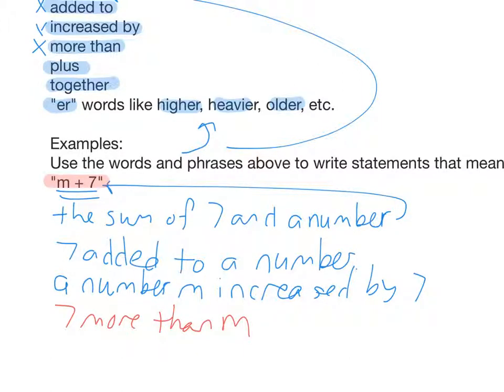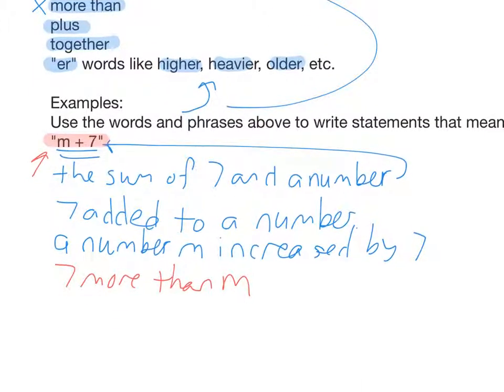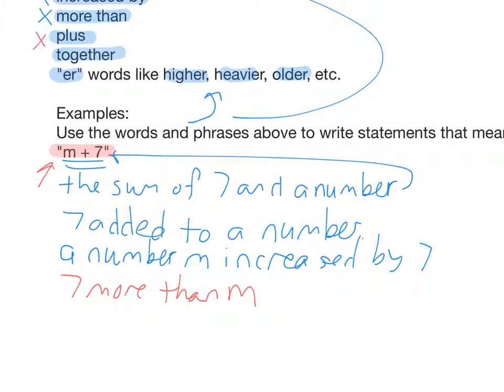To get 7 more than m, you'd start with m and then add 7. Like that right there. Okay, getting close. Plus, that's an obvious one. We're used to that one. So plus would be m plus 7, a number plus 7. Easy, right?